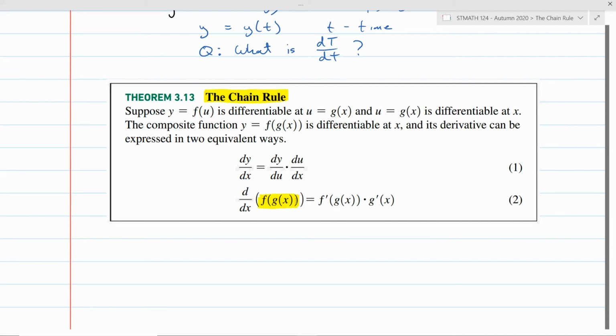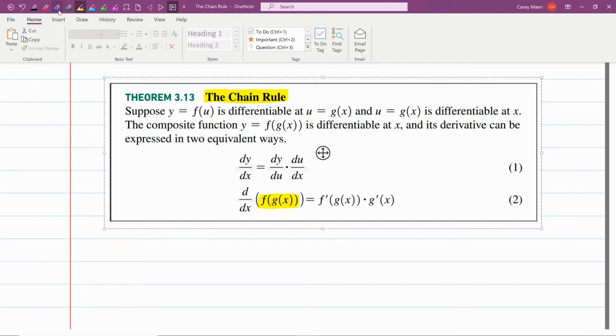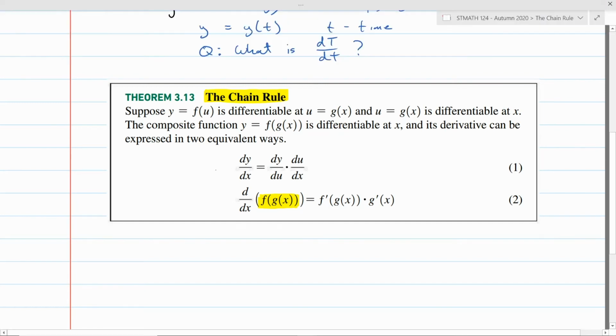So the chain rule tells us how to differentiate the composition of the functions. You can use either formula for computation, but the first formula we tend to use more for looking at related rates. It gives us a good visual way to see how rates are related, whereas the second one we usually use for computing derivatives.